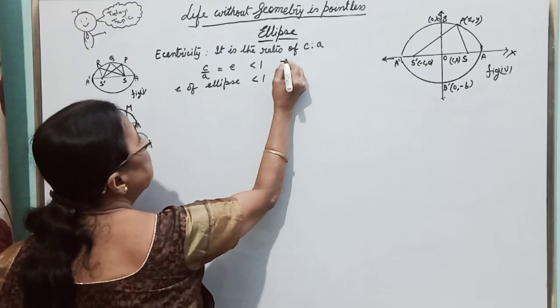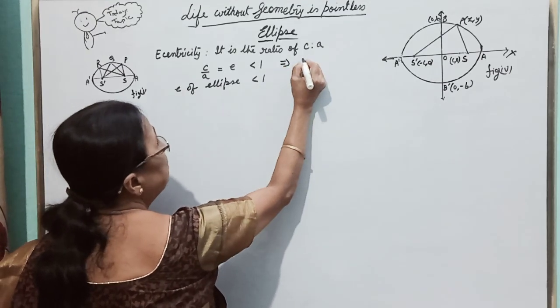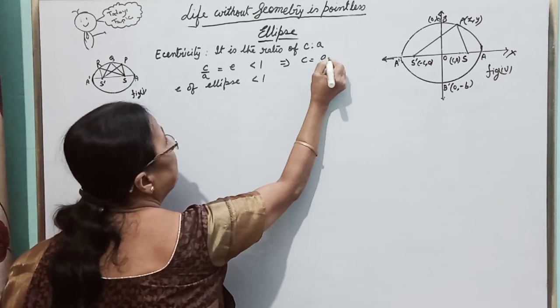So I can write C by A is equal to E, so C is equal to A into E.